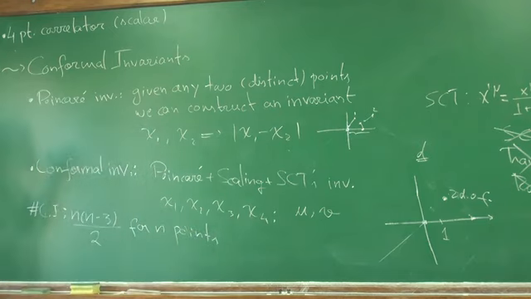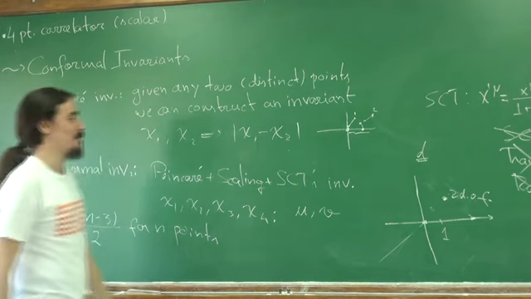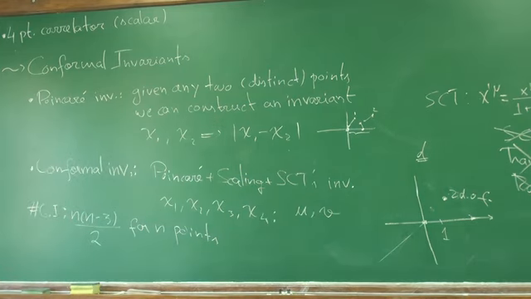If you have n points, you can build n times (n minus 3) over 2 conformal invariants. Okay? And I'll just leave it as an exercise for you to think about if you want. You don't actually need to do this, or you can just read the notes.